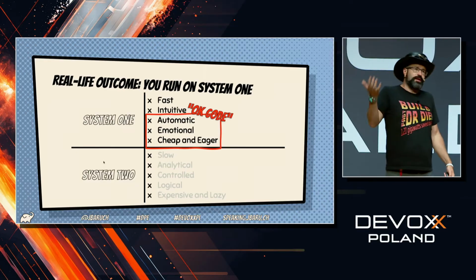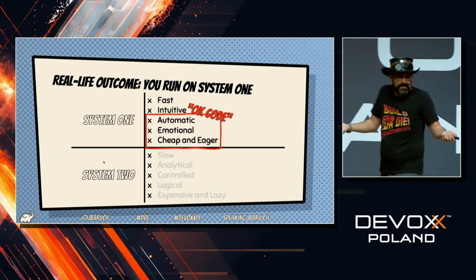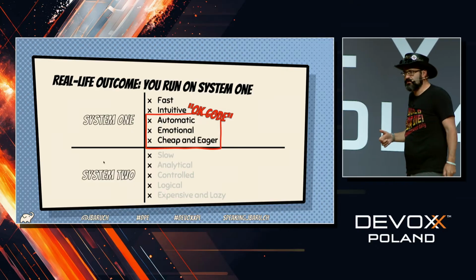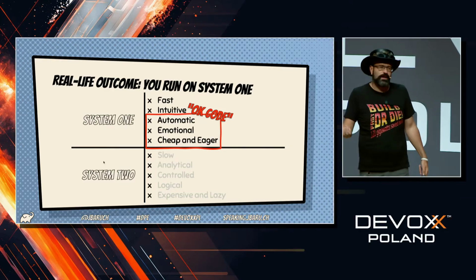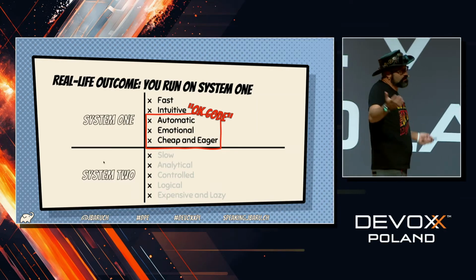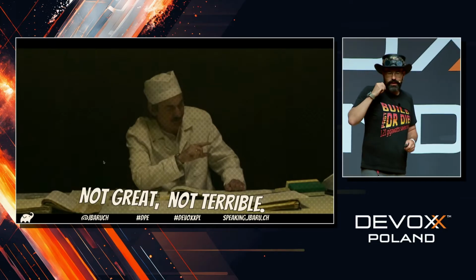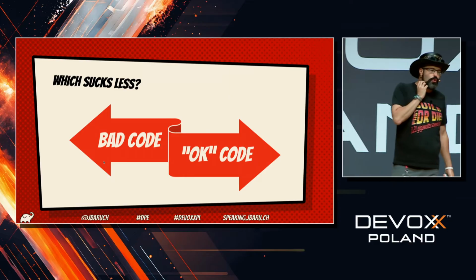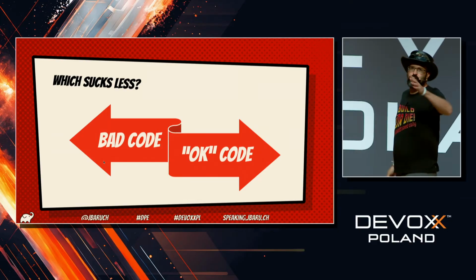I call it OK code. Eventually it works, especially if you have tests and you verify that it works. But it's definitely not the most elegant, the most effective, the best code you can write. It's an OK code. It's not great, it's not terrible. And I want to hear your opinion. Who thinks that bad code is worse than OK code?